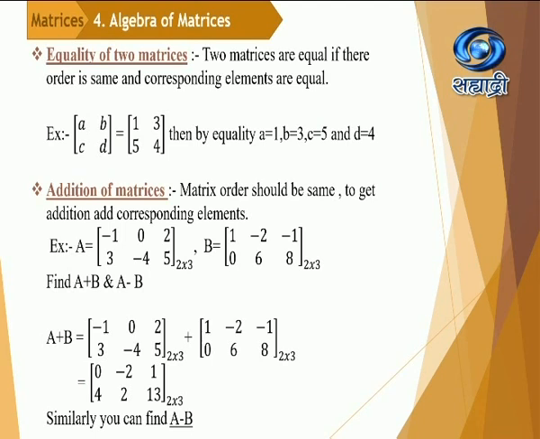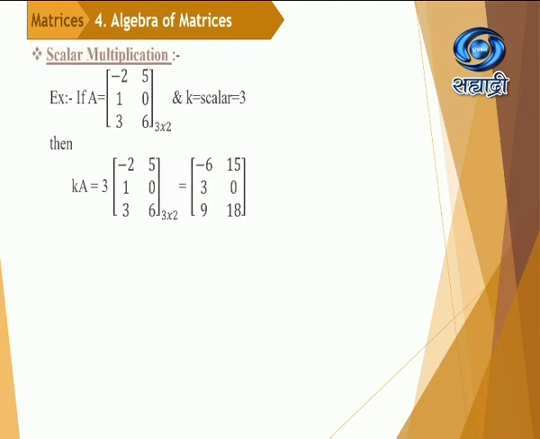To get A plus B and A minus B, for addition you have to add corresponding elements. So minus 1 plus 1 is 0, 0 plus minus 2 is minus 2, 2 plus minus 1 is 1, then 3 plus 0 is 3, minus 4 plus 6 is 2, 5 plus 8 is 13. Similarly, you can find A minus B.